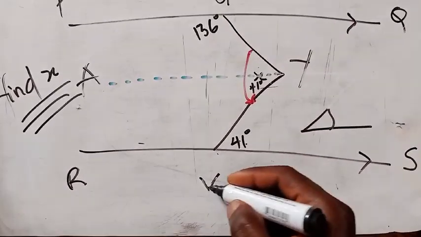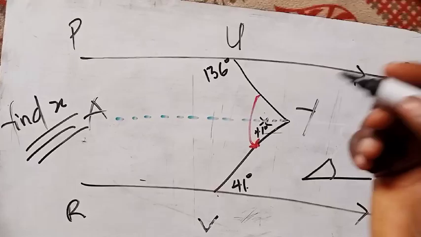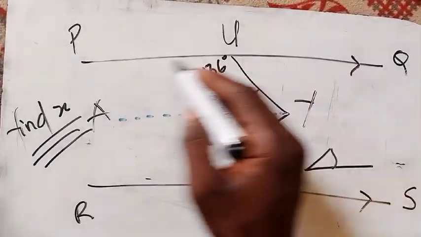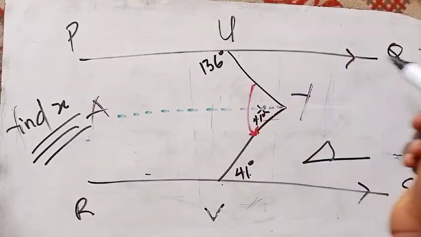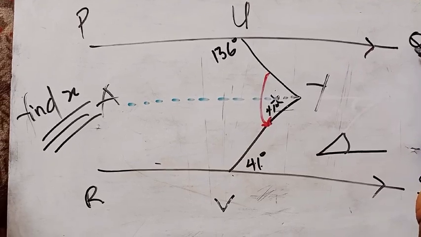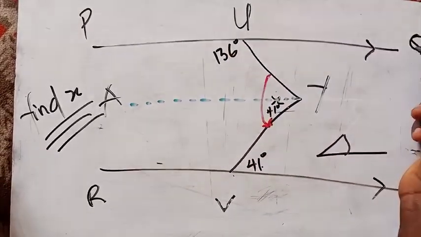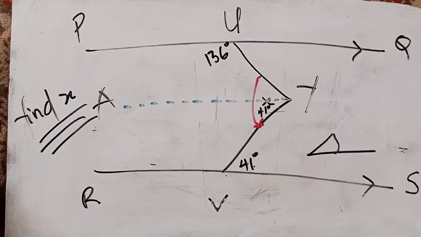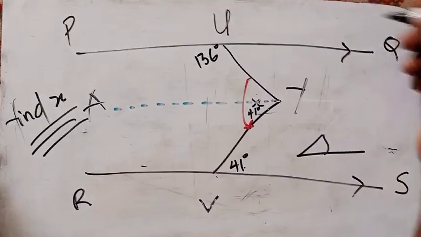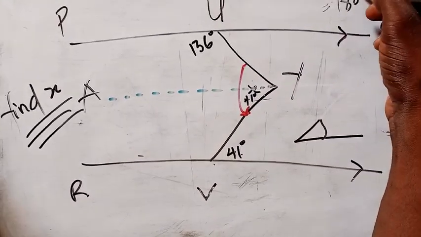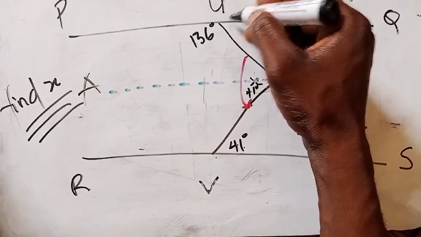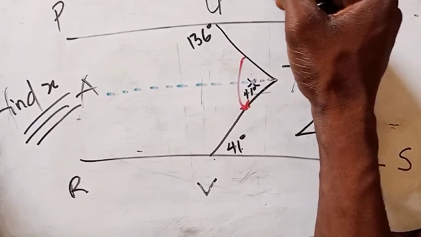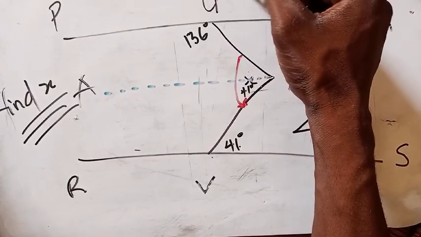How can we use that to our advantage? Here we can easily say this is a straight line. P to Q is a straight line. So you can see the angles on a straight line add up to 180 degrees, right? This is what I'm calling the straight line. If I redraw this guy somewhere here, you can see that here is going to be 36.